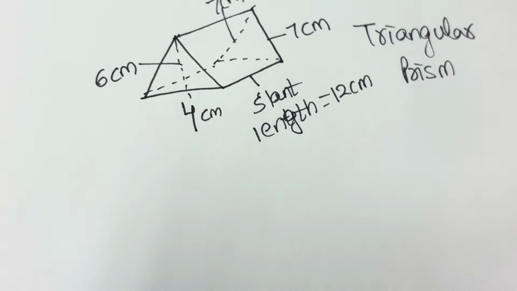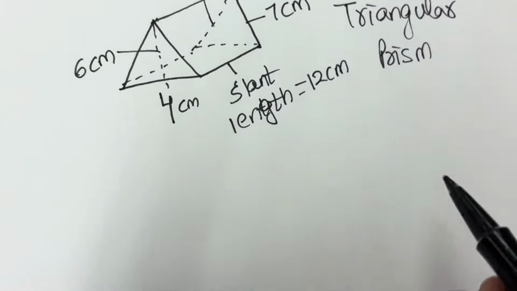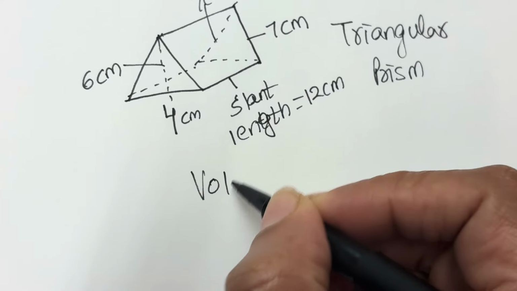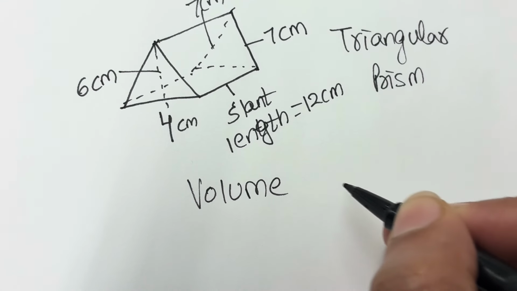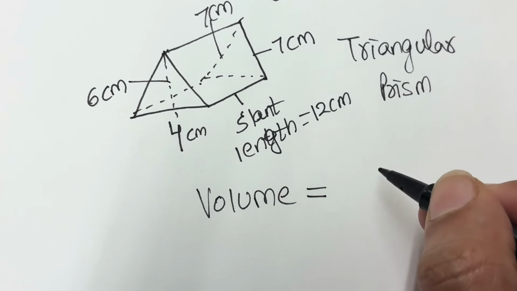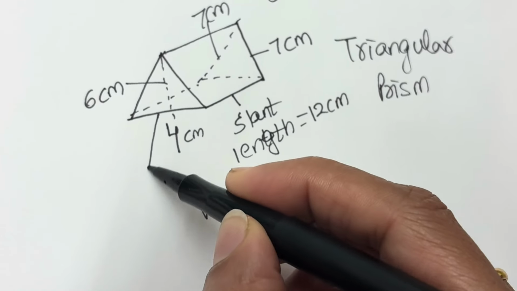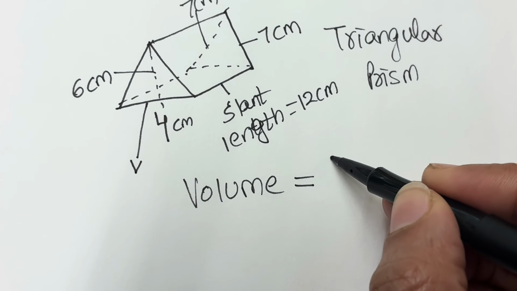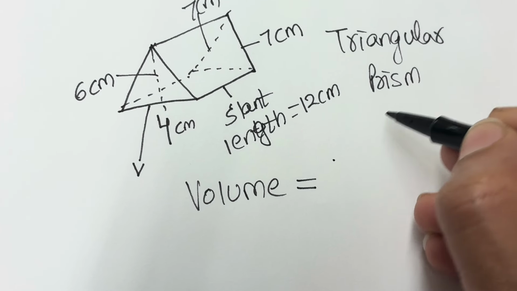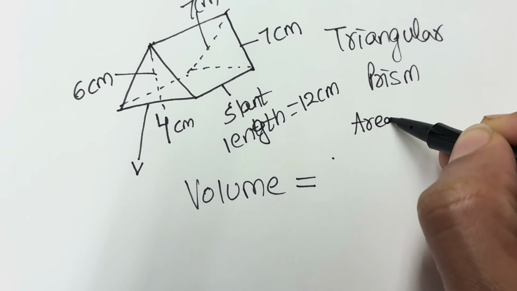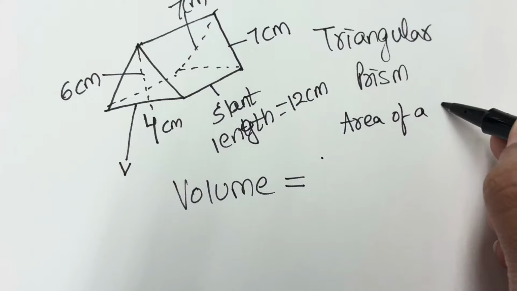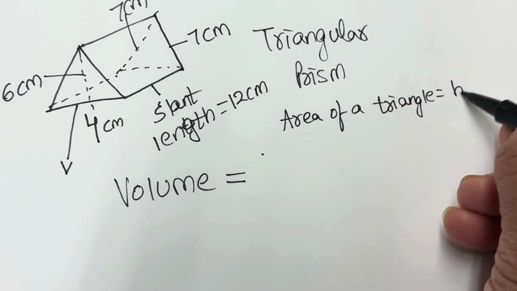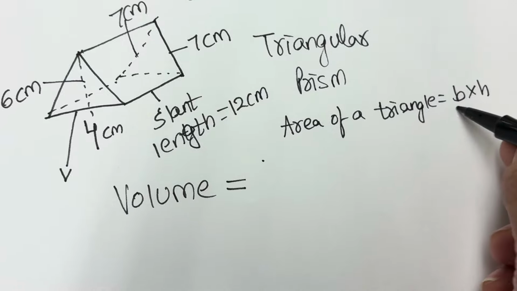So now let's see how to calculate the volume for the triangular prism. For finding the volume, we need to find the area of the front triangle. The formula for the area of a triangle is nothing but we need to multiply base and height and divide by 2.